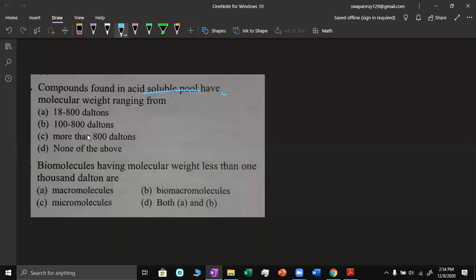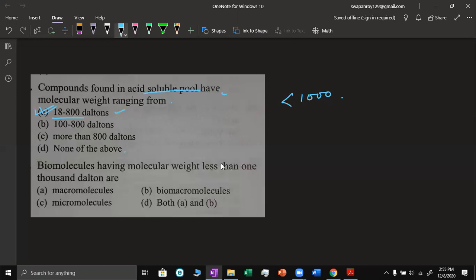Those in the acid soluble fraction have molecular weight ranging from 18 Dalton to 800 Dalton, somehow less than 1000.